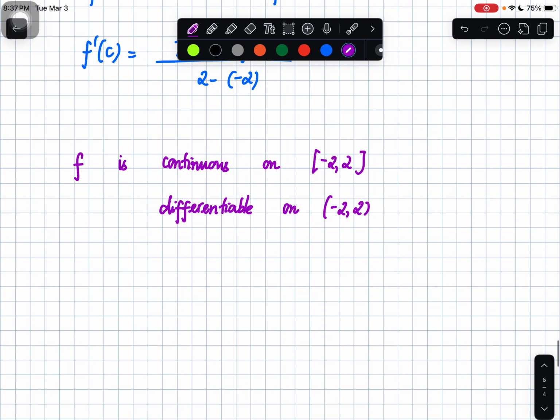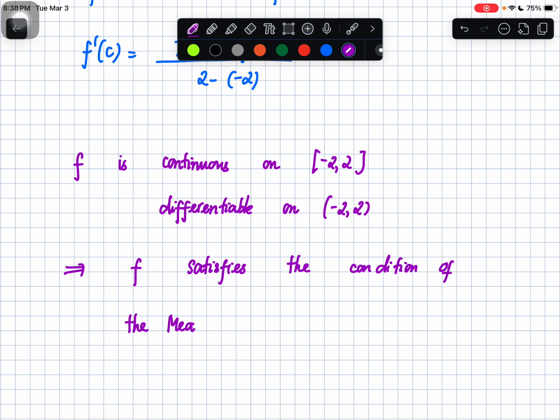And thus these are the two conditions of the mean value theorem. So f satisfies the conditions of the mean value theorem.